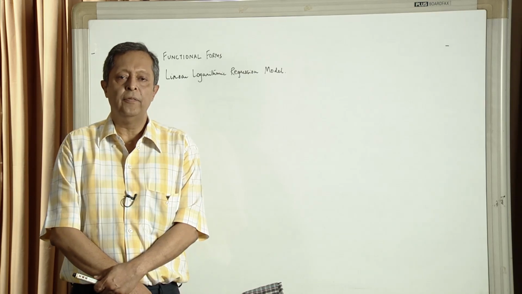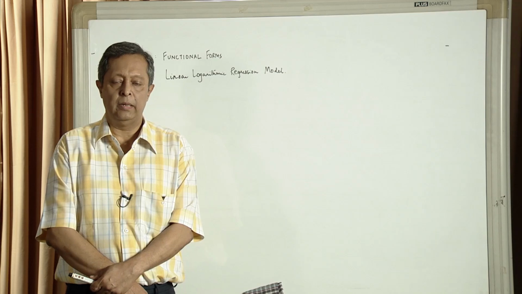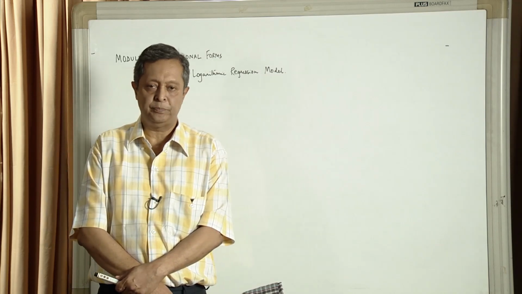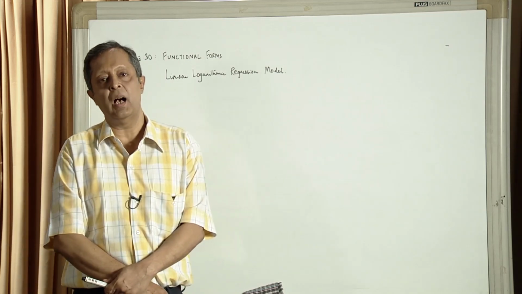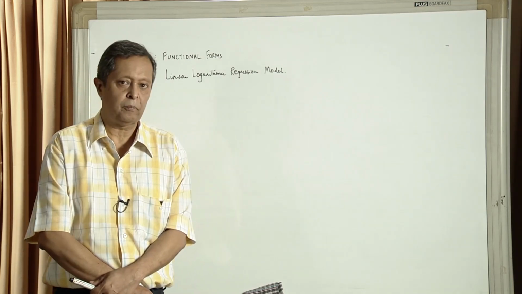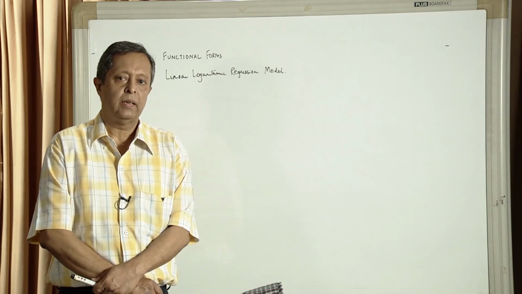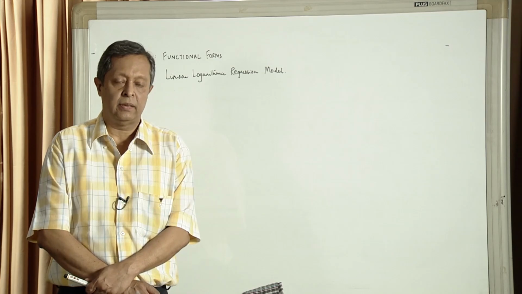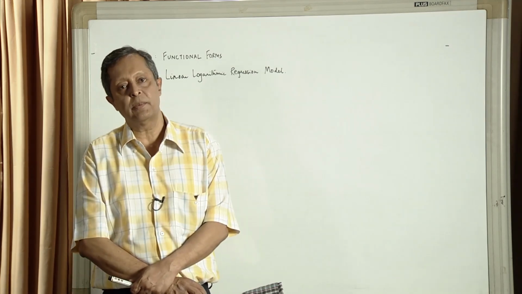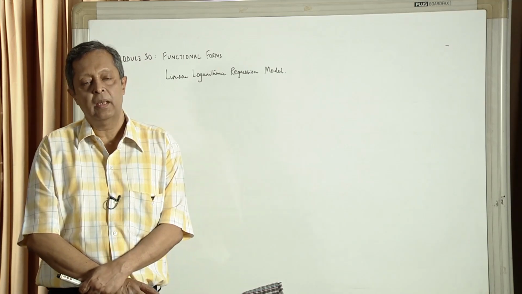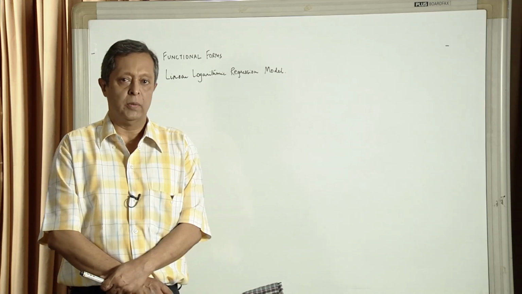Another example often used to explain linear logarithmic models is as follows. In cross-section budget studies, we often ask questions like the following. As people's income increases, what is the impact on their expenditure on food? So, we are trying to explain food expenditure, its movement with the level of income of the consumers.